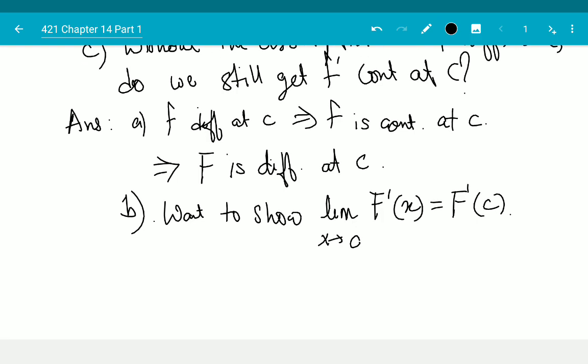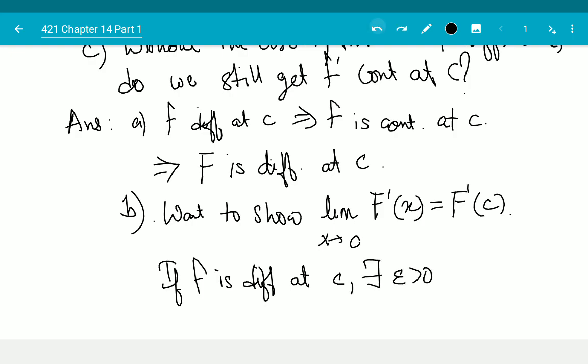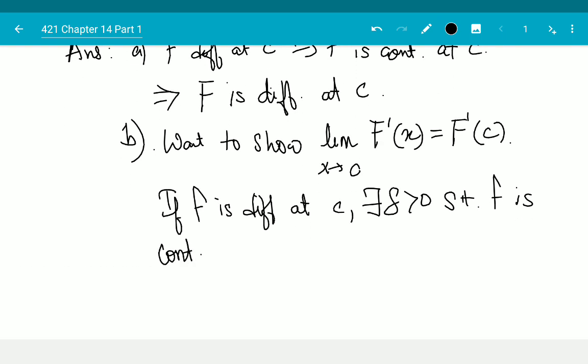Right? If f is differentiable at c, there exists a delta greater than 0 such that small f is continuous on c minus delta to c plus delta, right?